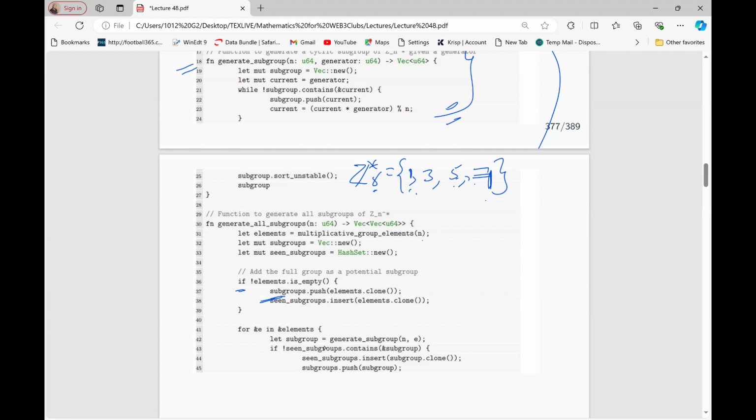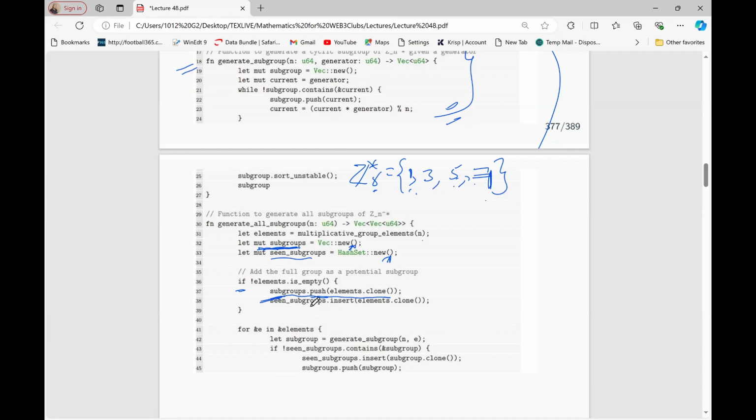But of course, as you push it there, you also push it to the scene subgroups. So you push it here and push it here, just to ensure that there'll be no duplicates at some point.